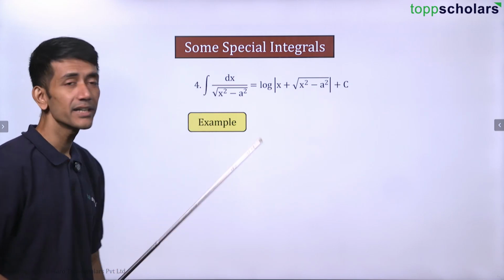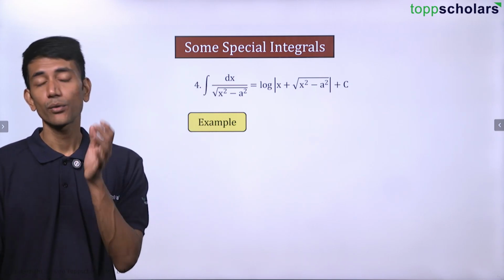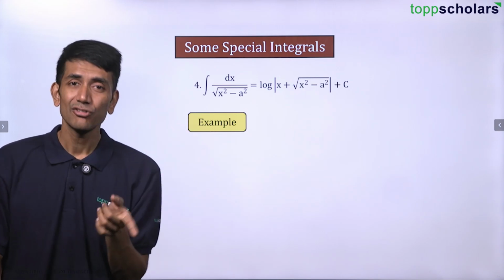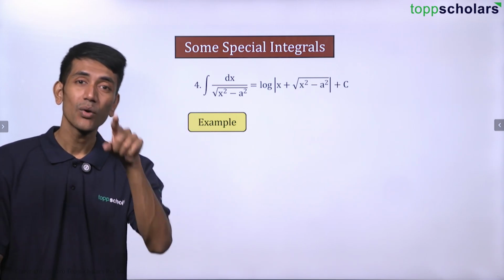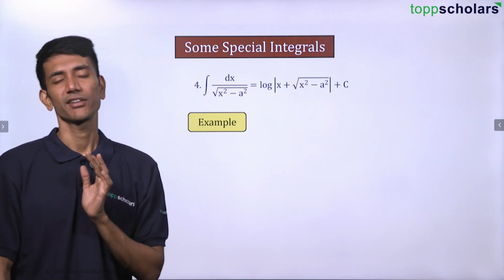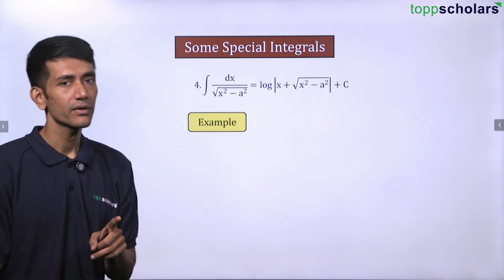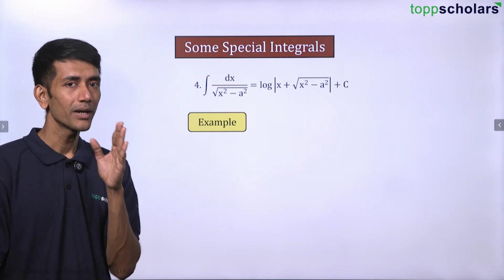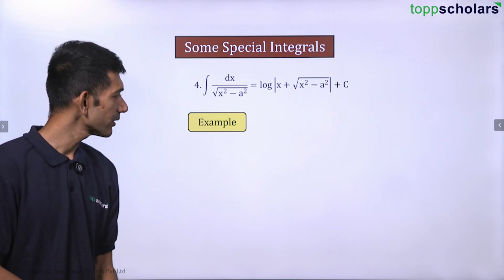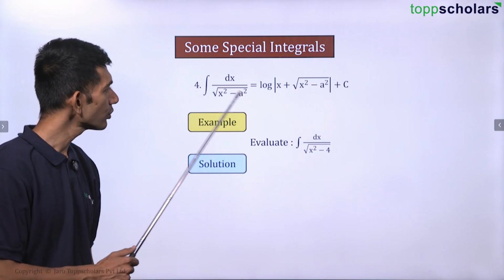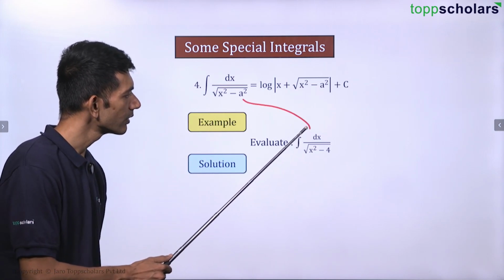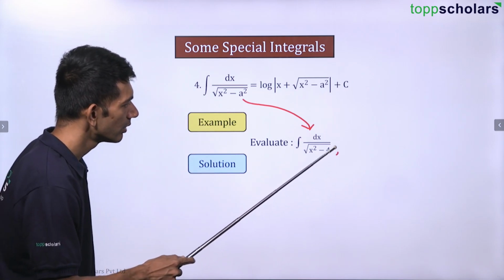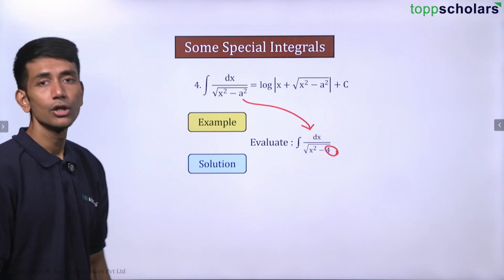New format, under root. So here you have a square root. Don't get confused between 1 by x square minus a square and 1 by under root x square minus a square. Both of them are different. So here you have 1 by under root x square minus 4. So this 4 is nothing but 2 square, right?